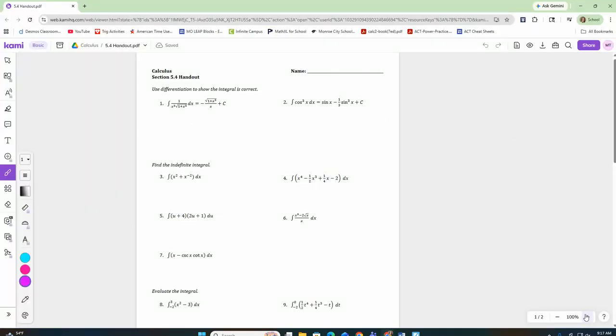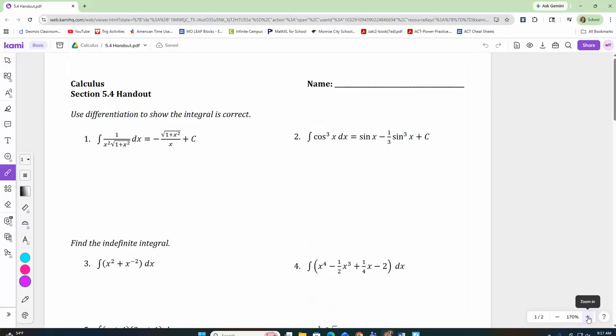So one thing here, if you look at the first two, they are saying use differentiation to show the integral is correct. So basically, I've already done the integral for you. You're just proving that it's correct. What does differentiation mean? It's asking you to do the derivative.